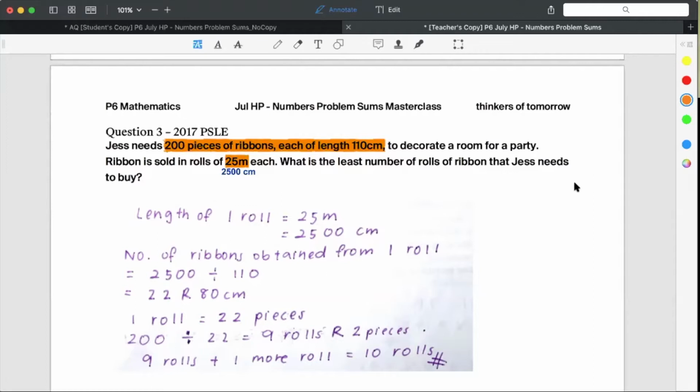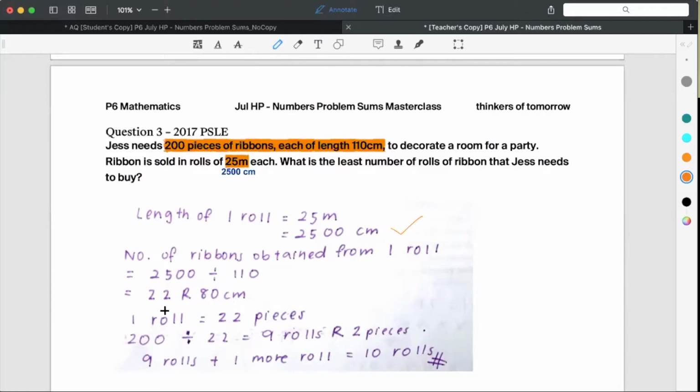The length of one row is 2,500 centimeters. So the number of ribbons obtained from a row would be 2,500 cm divided by 110 cm. That would be 22 pieces, remaining 80 centimeters.